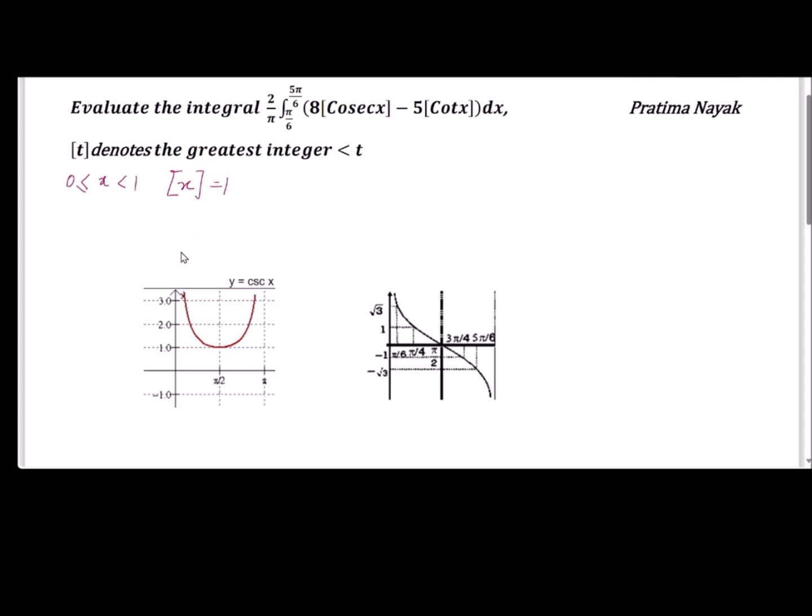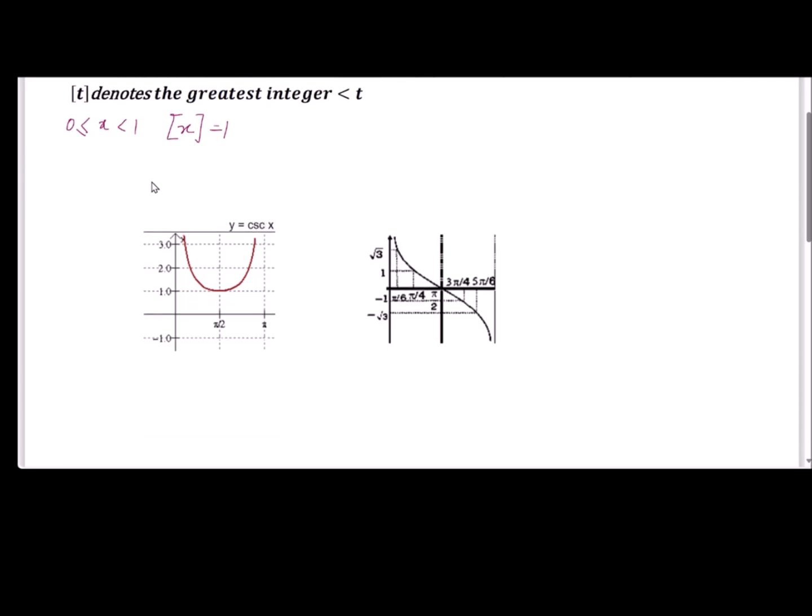So knowing this, let us come to the graph of cosec x. The limit is pi by 6 to 5 pi by 6. In between, cosec pi by 6 equals 2, we know. Cosec pi by 2 is 1.